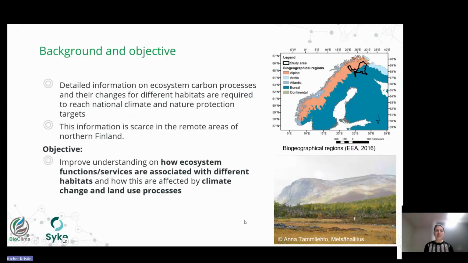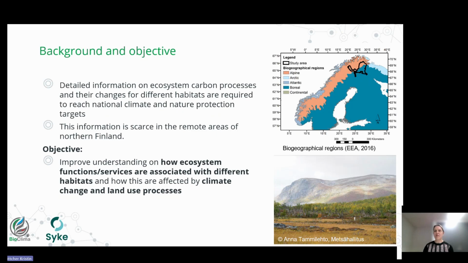Just to give you first a little bit of background and our objective. We need detailed information on ecosystem carbon processes and their changes for different habitats to reach our national climate and also nature protection goals. And this information is quite scarce in remote areas of northern Finland.